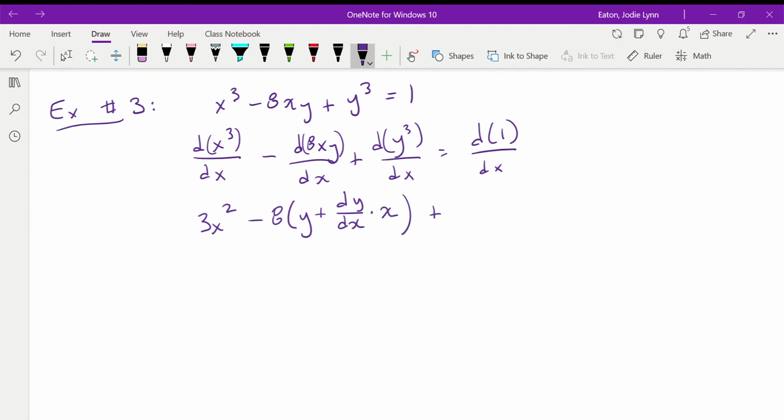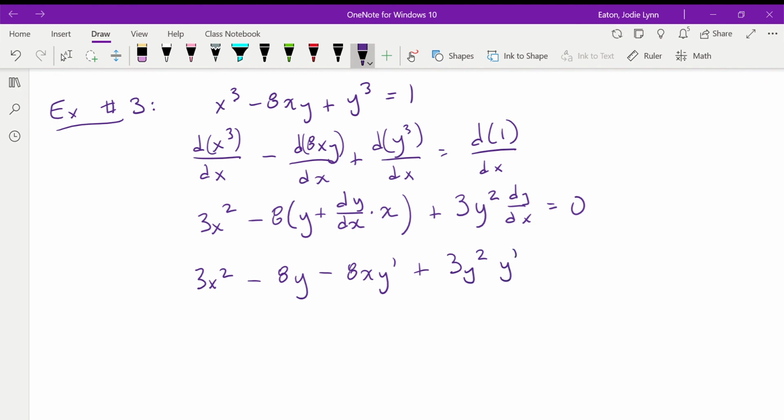This is going to be plus, using our chain rule, 3y squared dy/dx, and that's equal to 0. Simplifying all of this and rewriting it with y prime, we get 3x squared minus 8y minus 8xy prime plus 3y squared y prime equals 0.